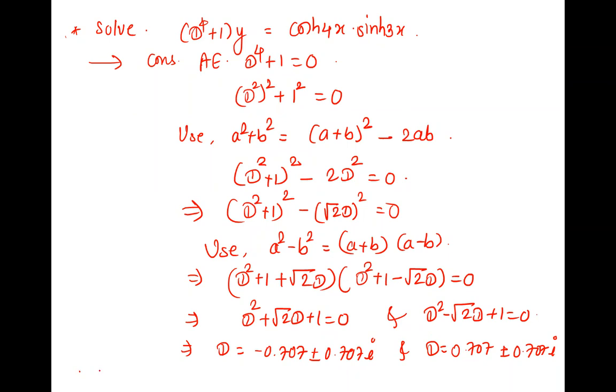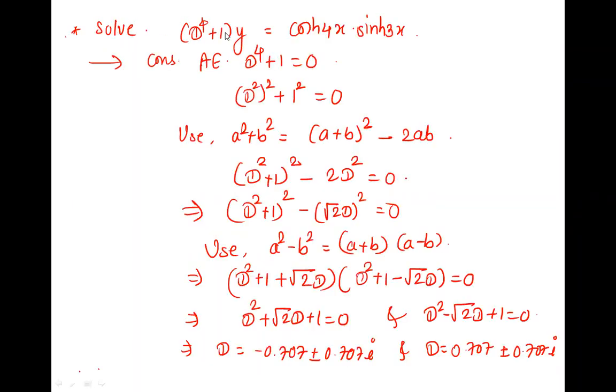Therefore, yc is e raised to alpha, alpha is minus 0.707x, in bracket, C1 cos. Are these two roots same or different? Different. Very good. So we are writing separately.